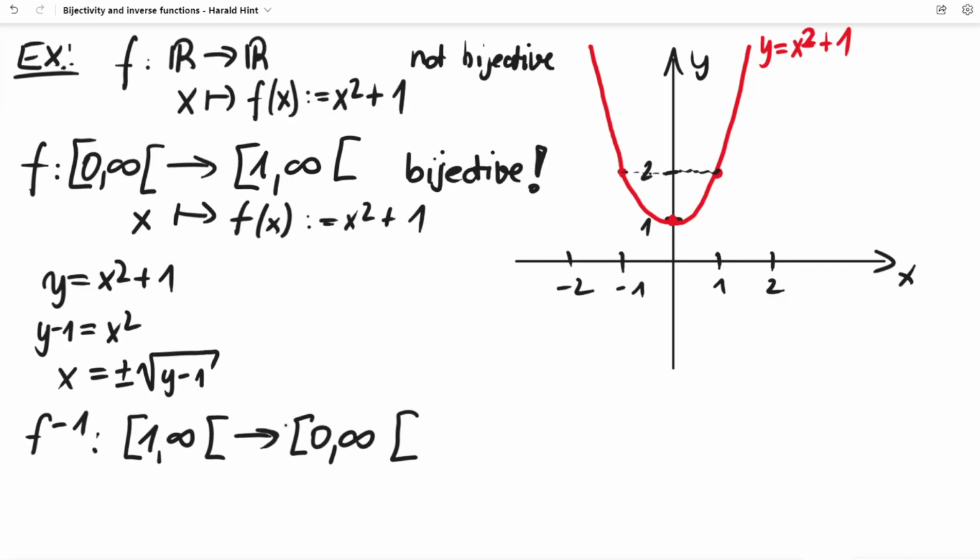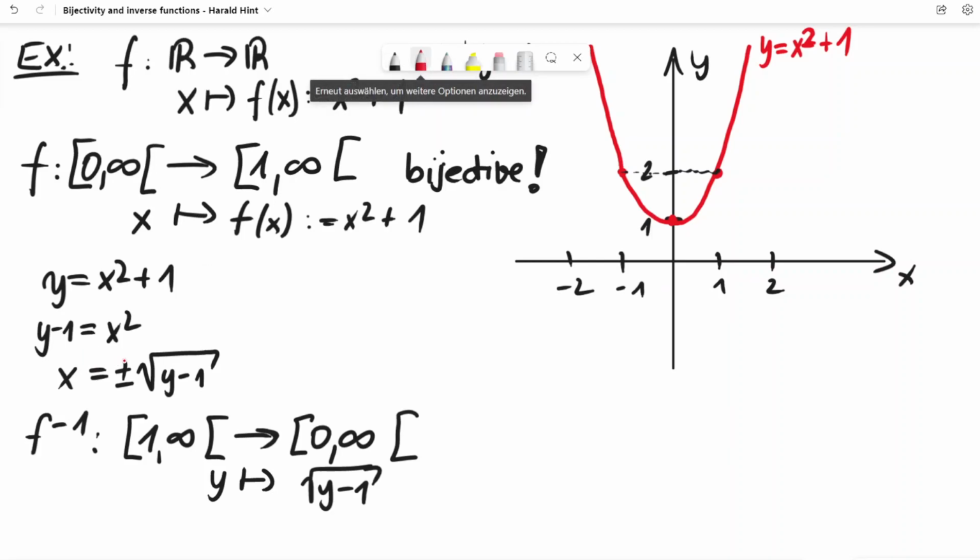So, here is the function: y is mapped onto the root of y minus 1, and you take only plus, because if you look at the range of the inverse function, it is positive, so this must be plus.